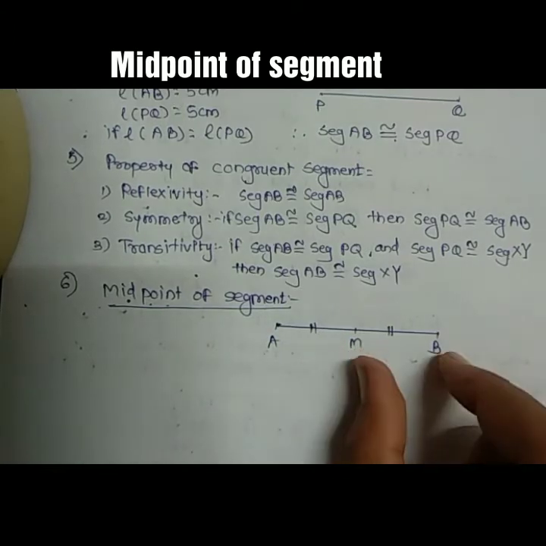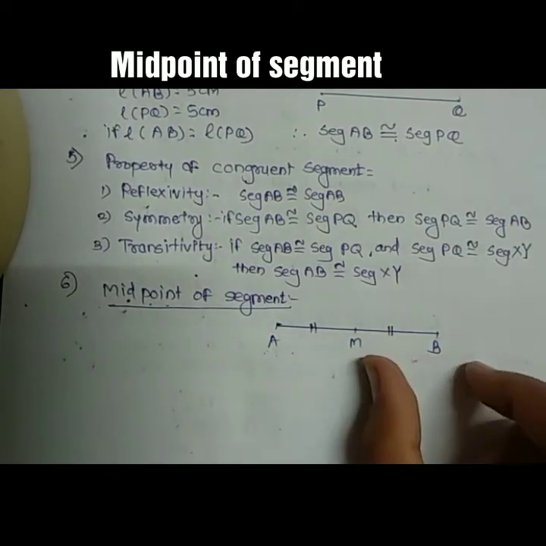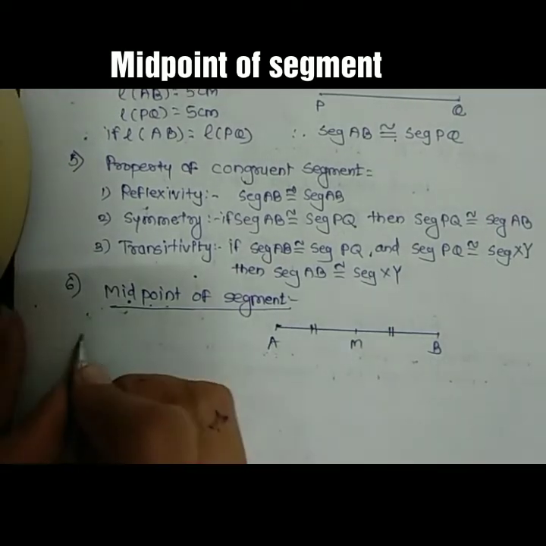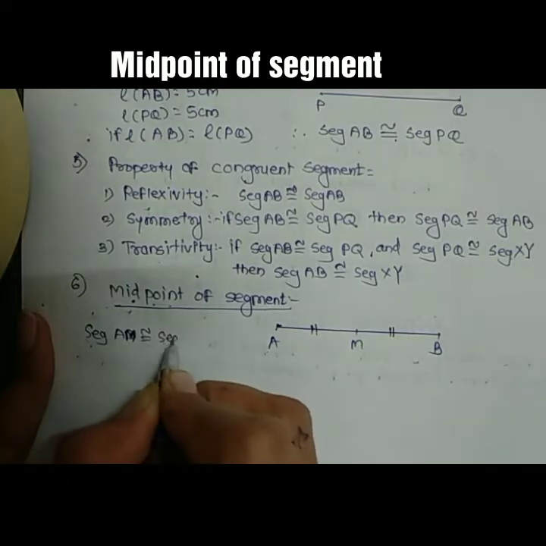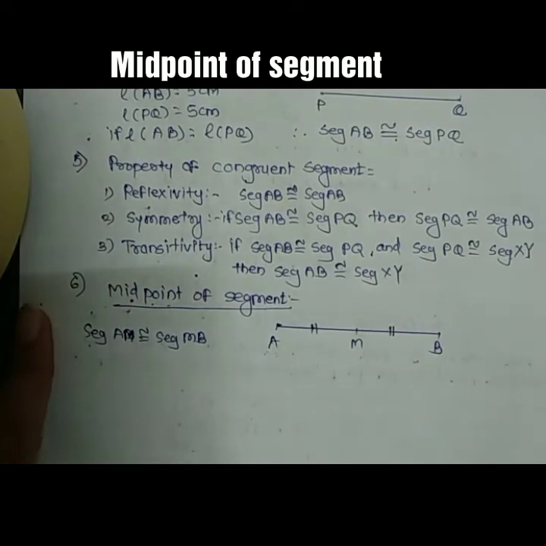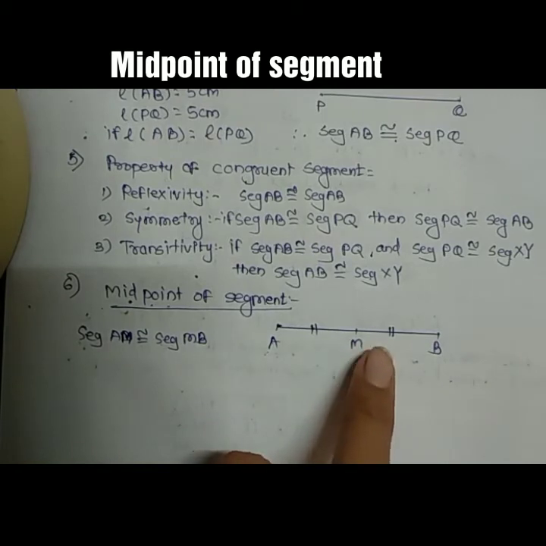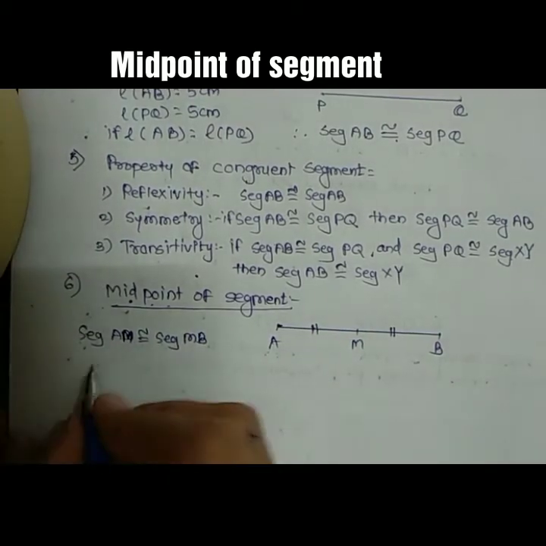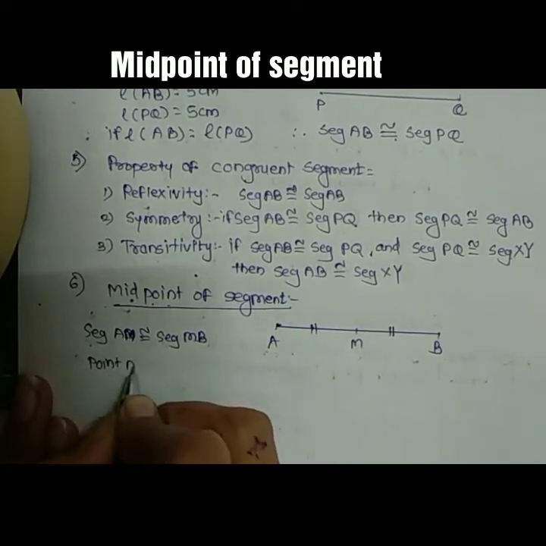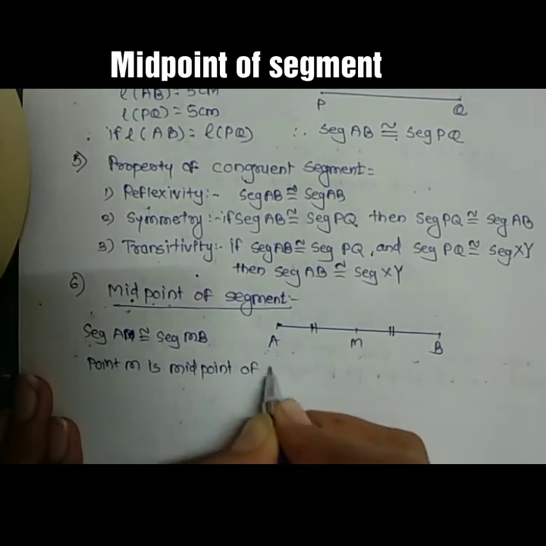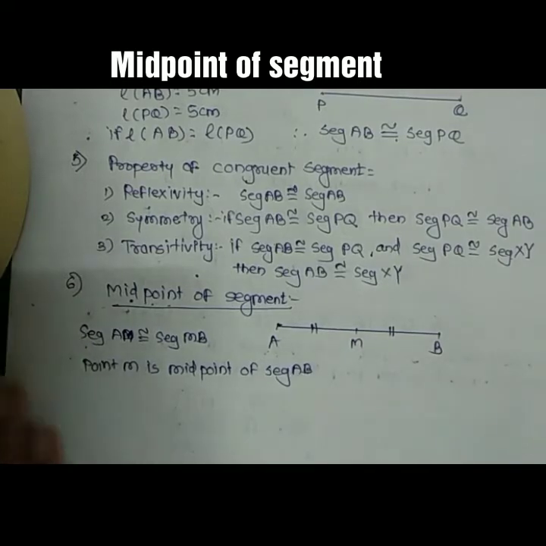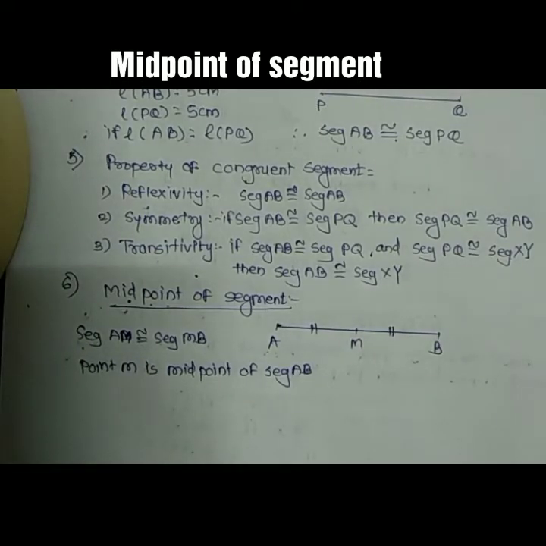It means AM and MB, these distances are equal in length. So here segment AM is congruent to segment MB, then point M is called the midpoint of segment AB. Every segment has one and only one midpoint.